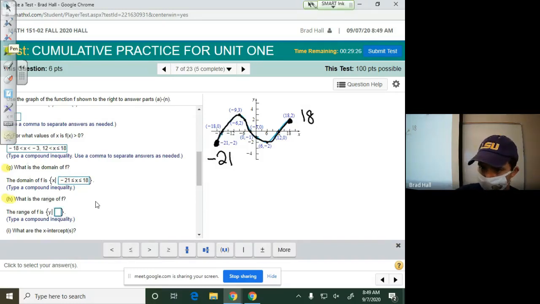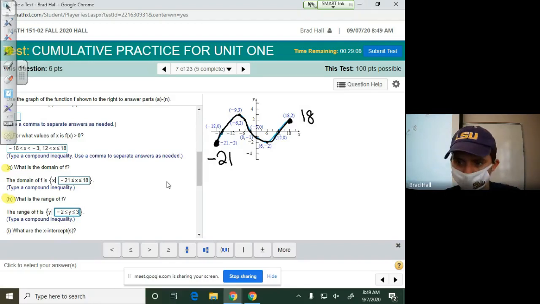And using similar logic, you would get the range for y. Notice I'm using a y instead of an x because range deals with y.